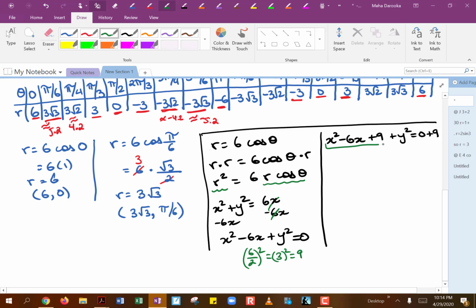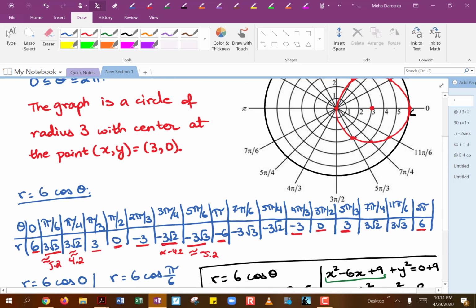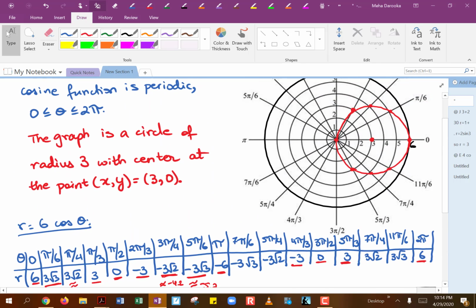We factor this into (x minus 3) squared plus y squared equals 9. You can see this gives us the center of our circle at positive 3, 0, and our radius would be the square root of 9, which is 3.